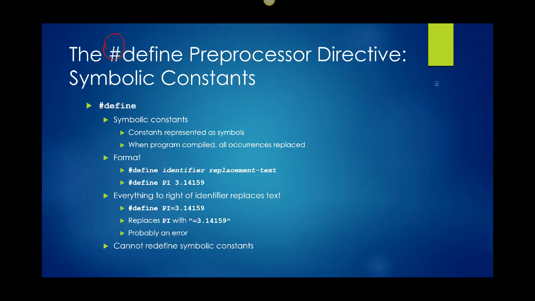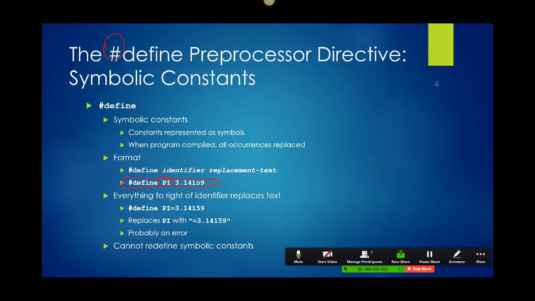What is the job of the pound define? It's a substitution command. Okay, so let's take a look at this example. Pound define space PI space 3.14159. So what we're saying in here is that from this point on, from this line on, for the rest of the file, wherever the preprocessor sees the symbol PI, it should replace it with 3.14159.